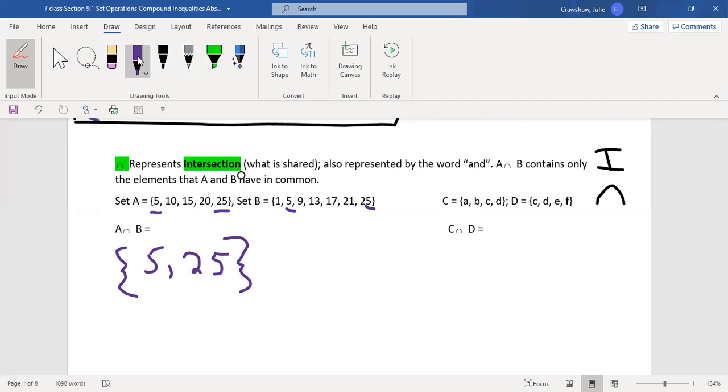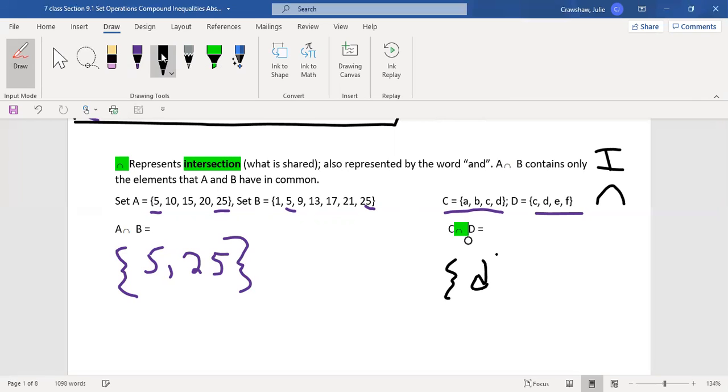So again, a set may be numbers, maybe letters, maybe words. Anything can become a set. On my right-hand side here, I have two sets, set C and set D, and I'm looking for the intersection, what they both have in common. Well, let's see. They both have a D in common.